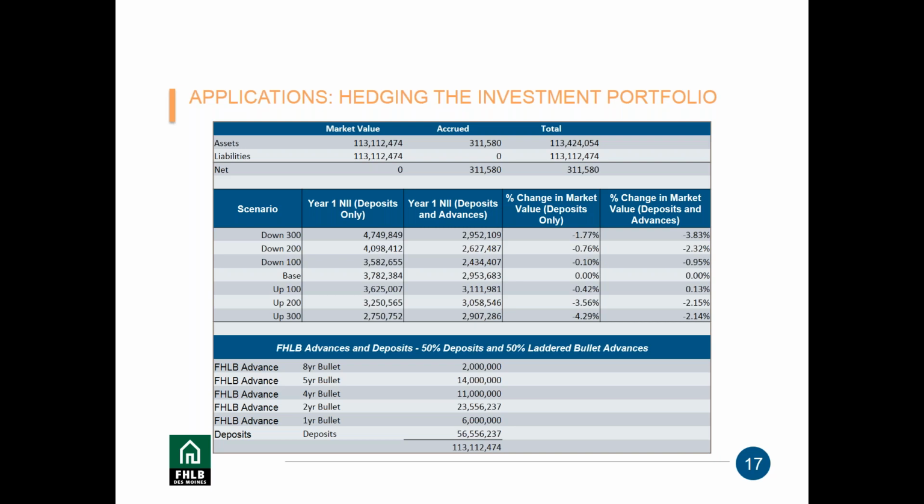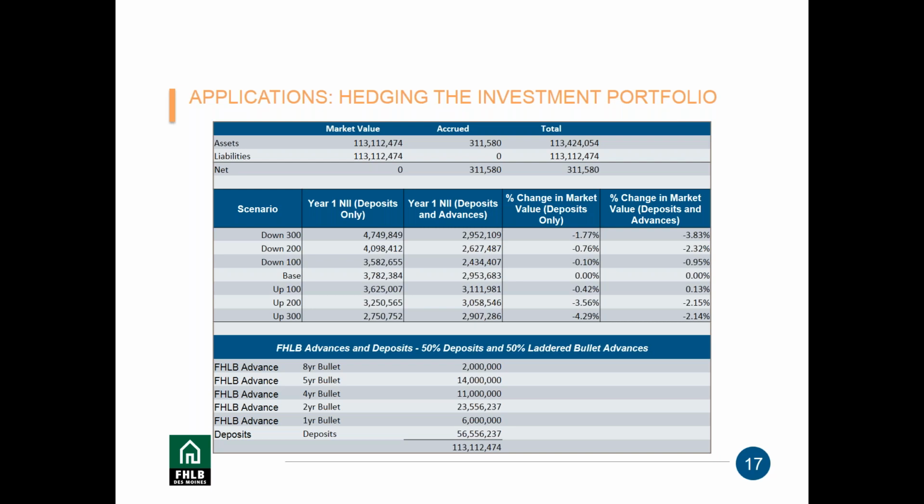Let's look at that stressed interest case, up 300, and a blended funding strategy will show a net interest income figure that's about $156,000 better than funding the portfolio strictly with deposits. You can see there that under a blended situation with laddered symmetricals, we come up with 2.91 mil versus 2.75 mil.